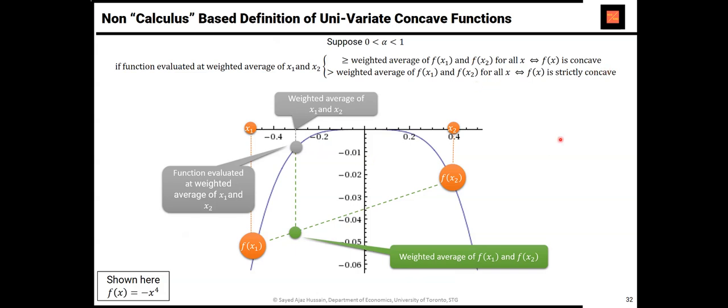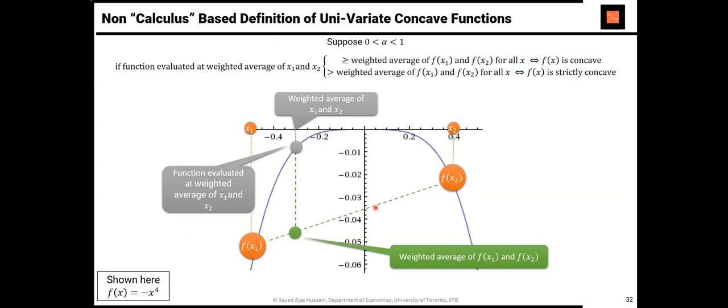So you have to ask yourself, when it comes to a strictly concave function, what must be true so that the green dot is always below the gray dot? Well, it must be true that if you pick any 2 points on the function, the arc always lies below the curve. So the rigorous definition of strictly concave functions, ironically, is that if the arc connecting any 2 points of the function is always strictly below the curve, that function is strictly concave.